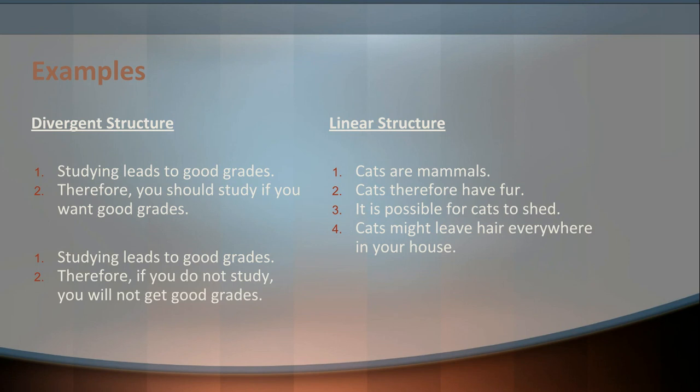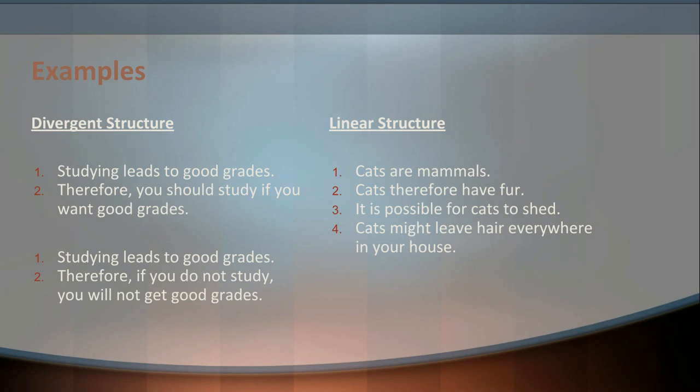Now, if you notice here, we've taken away some of the indicator words, as it happens sometimes. But it still seems rather clear that each one of these is a conclusion, a sub-conclusion, that's supported by the claims above it. We start off with a basic idea. Cats are mammals. Because cats are mammals, cats therefore have fur. It's part of the definition of mammals that cats have fur.